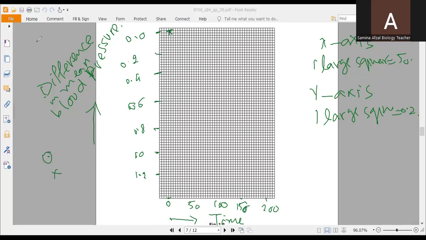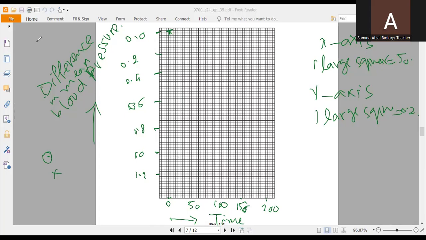And the next value is 0.28. So 0.28 will be a little bit over here, at 25.